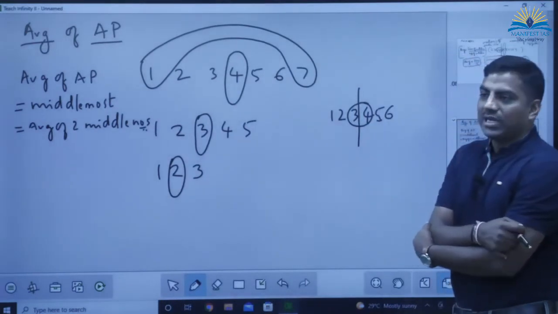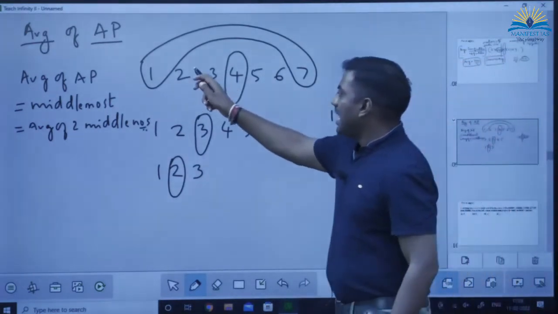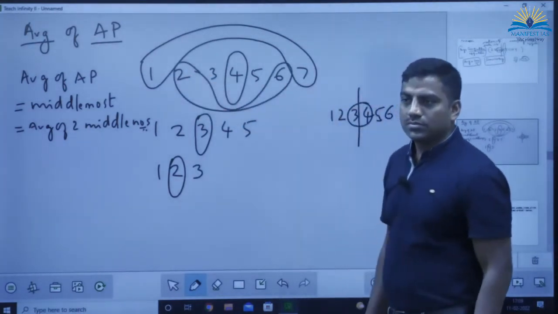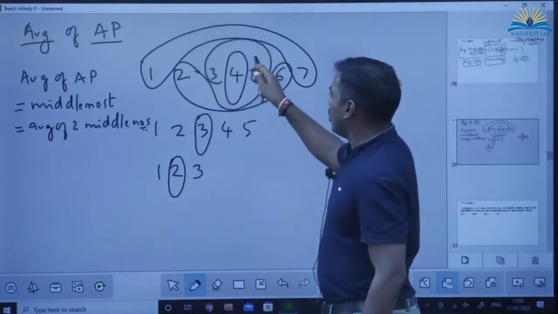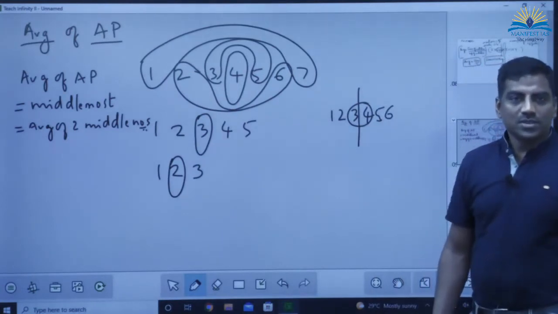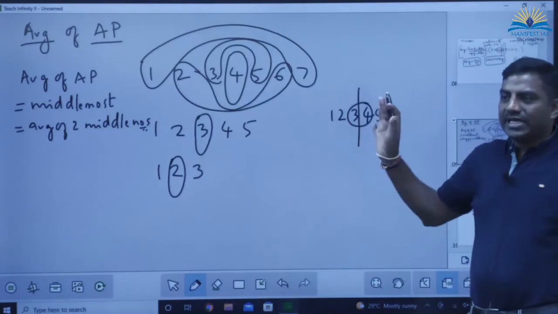What is the average of 1 and 7? 4. We can take the average of these two also. So rather than finding the middle values, go for the extremes.